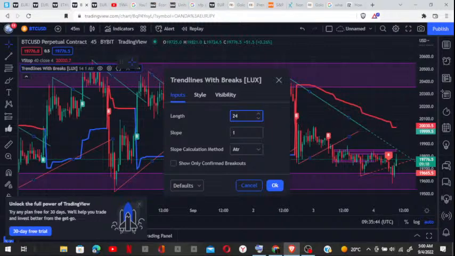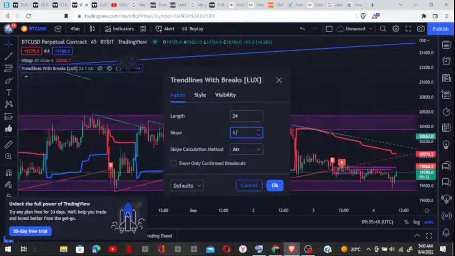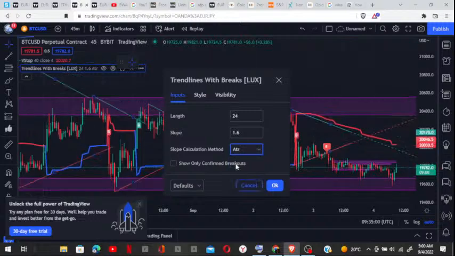Then the slope we're going to put to 1.6. Then we have to put the slope calculation method at ATR, so we leave it just here, ATR.